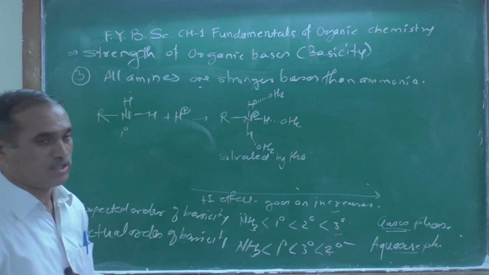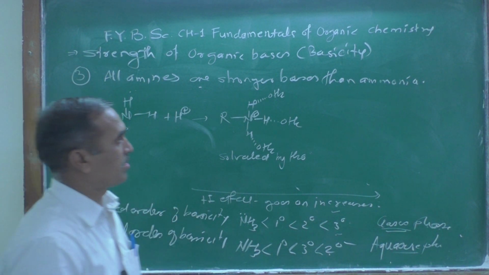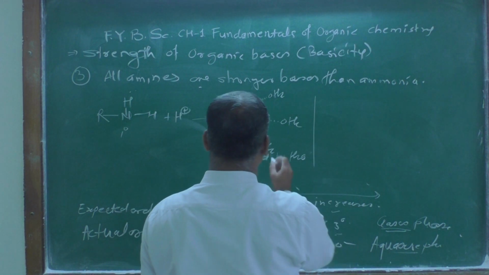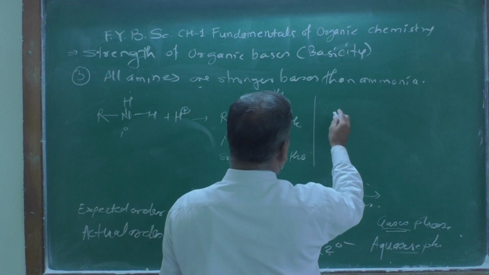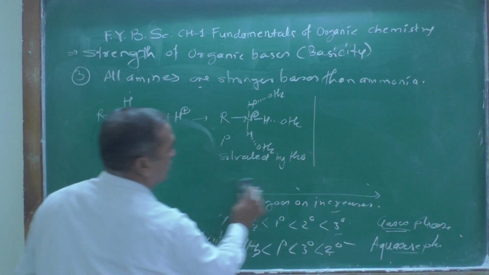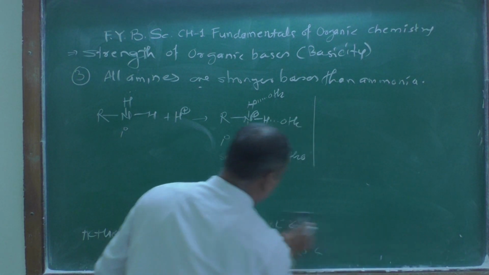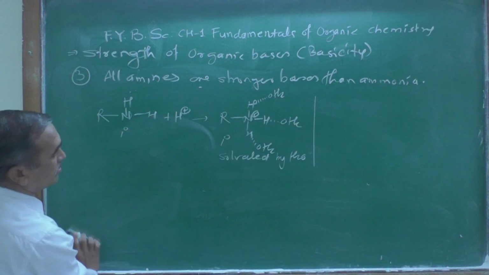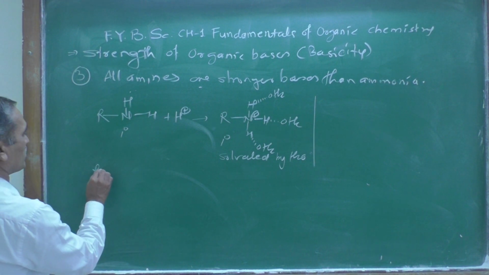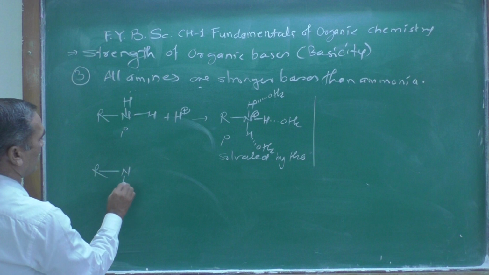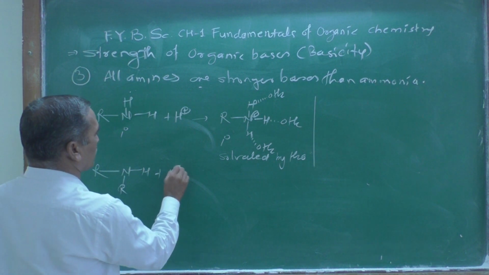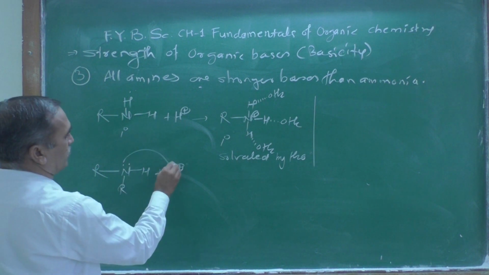And then solvation is another factor which decides the basicity. This is a primary amine, and now let us look at the secondary amine structure. So let me draw here properly so that you can see the correct structure of the secondary amine. As we know, in the secondary amine, here N, one R is here, and this is a hydrogen atom which will pick up the proton, and what do you get?